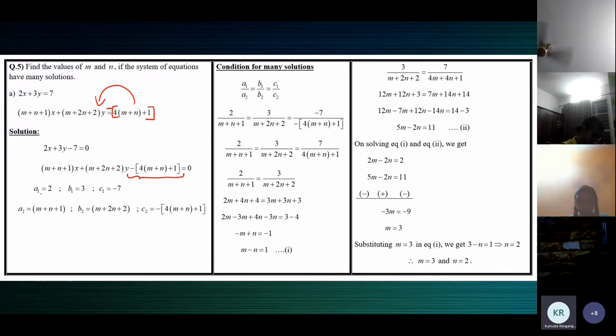Now write out the values of A1, A2. Please see the values of A1, B1, C1, A2, B2, C2.